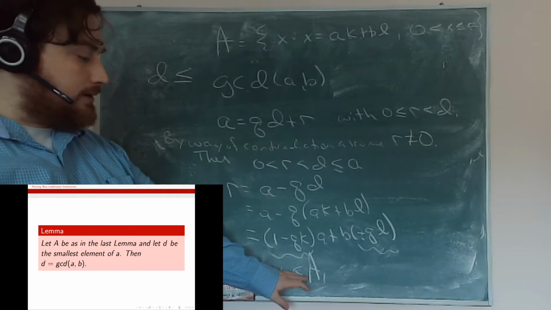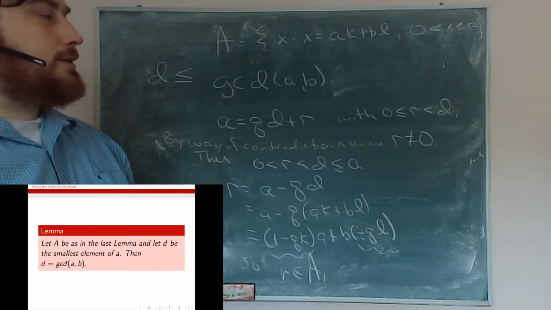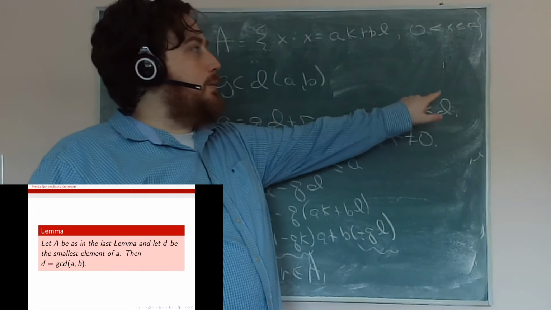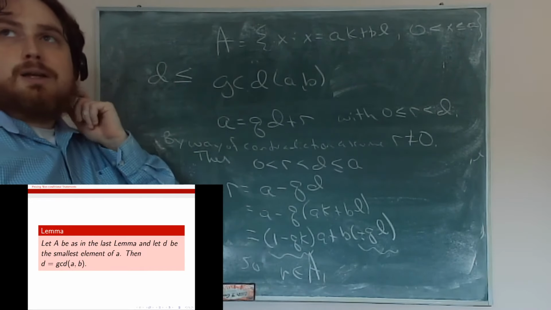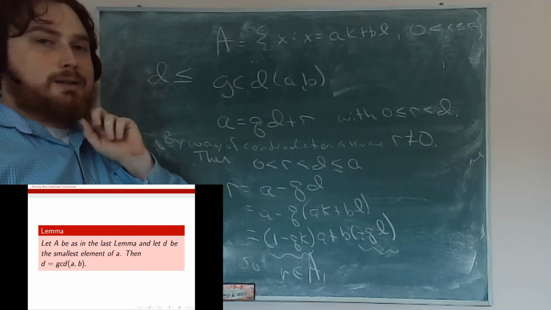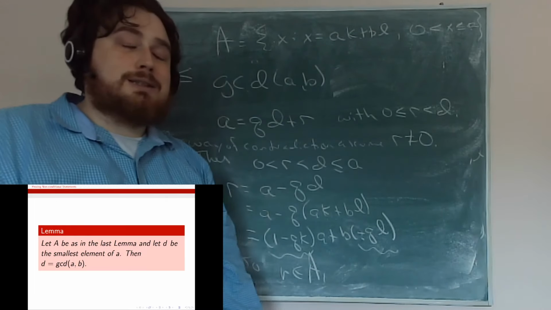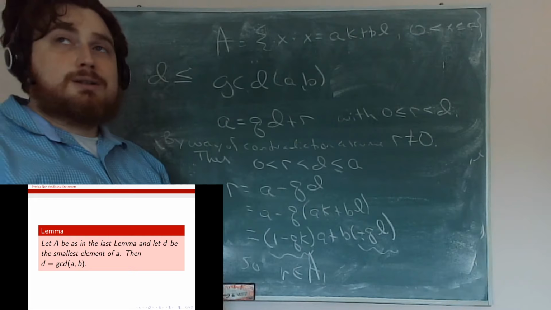But the idea is that since R is in A and R is less than D, that contradicts the fact that D was the smallest element of A. So we define D as the smallest element of A. But if R is in A and R is less than D, that means D is not the smallest element.